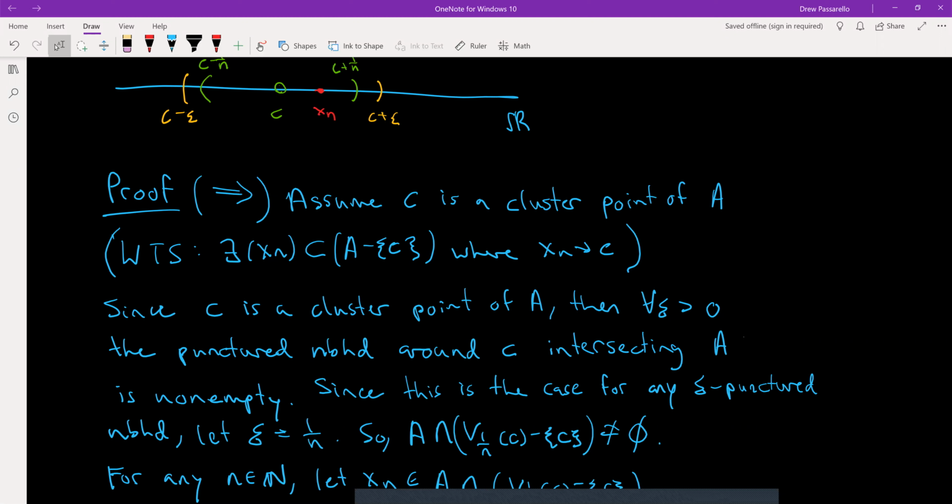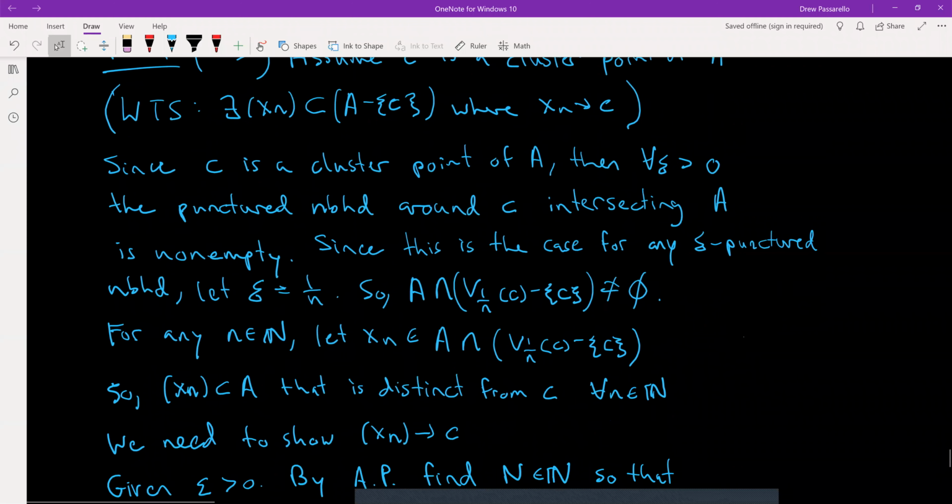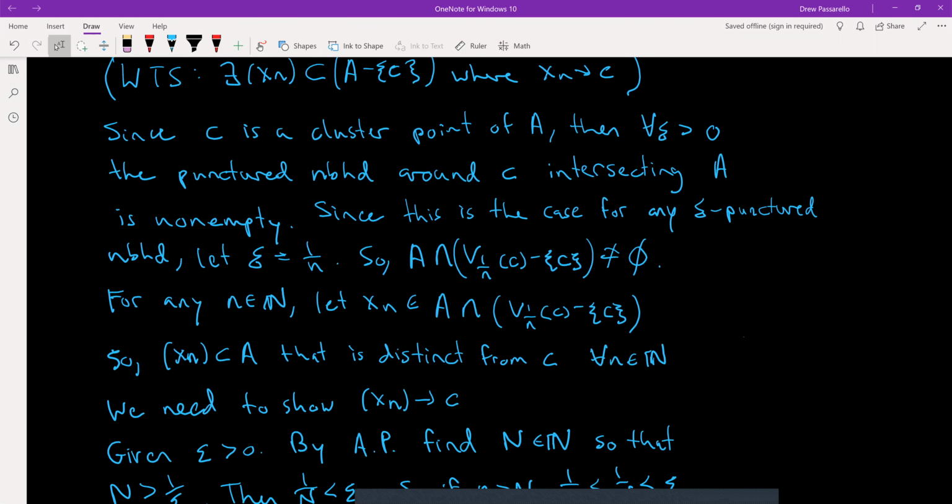Since this is the case for any delta punctured neighborhood, let delta be 1 over n. So we know that A intersect the 1 over n punctured neighborhood around C is non-empty. So for any n, let xn be a member of this intersection.